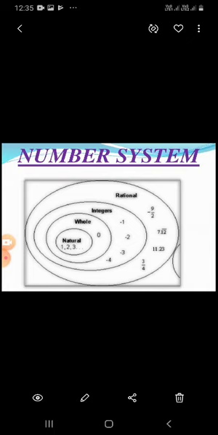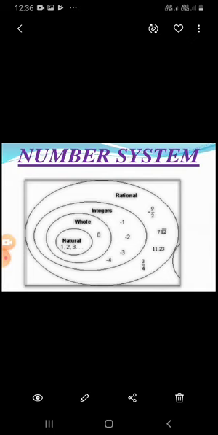Now after integers, we come to another group of numbers in our number system, that is rational numbers. We all know, what does rational number mean? As you can see, here it is written -9/2, 7.12 bar, 11.23, 3/4.